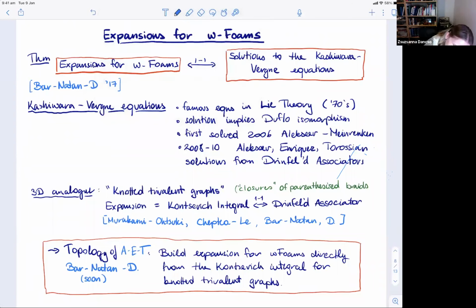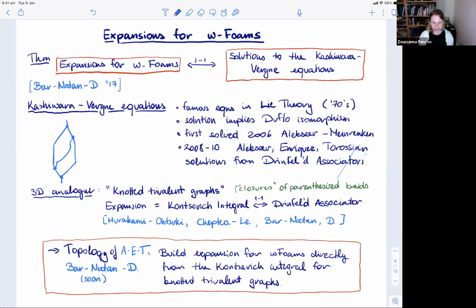So say I have a parenthesized braid, and then I can close that up with a binary tree, making sure that I always connect the points that are parenthesized together. And what I get is something that has vertices and possibly crossings. This particular example doesn't have any crossings, but that's okay. Some other examples would. So that looks like something that could be interpreted as a welded foam.